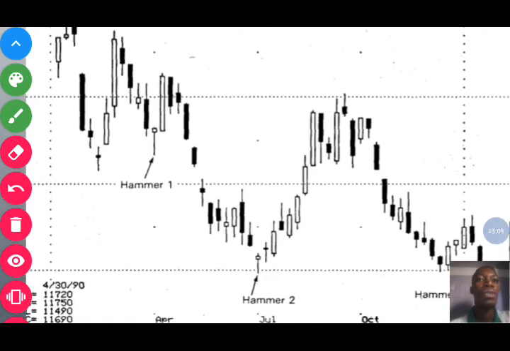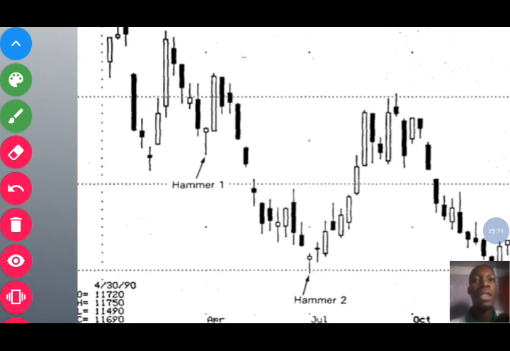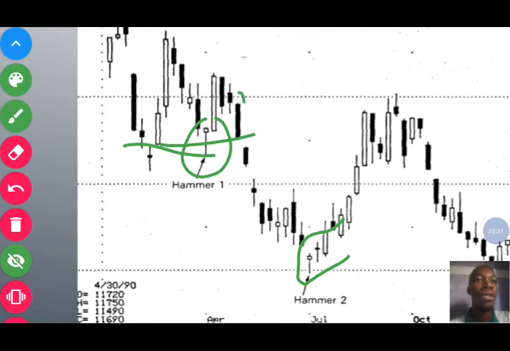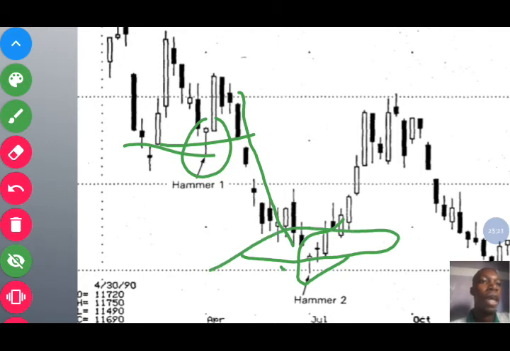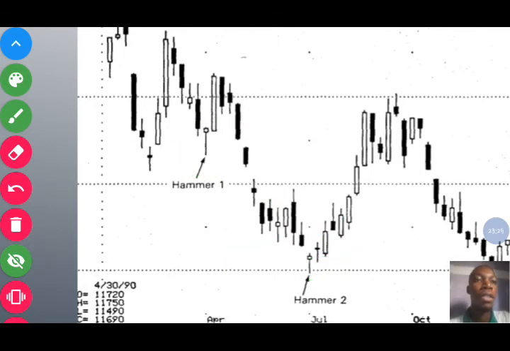Okay, so you can see a lot of hammers on this chart. You can see one here, you can see another one here. It's on a support area, but this support was not that strong, so price continued going down. Then it got to a very strong support, then you can see the hammer forming here. Then price continued up.